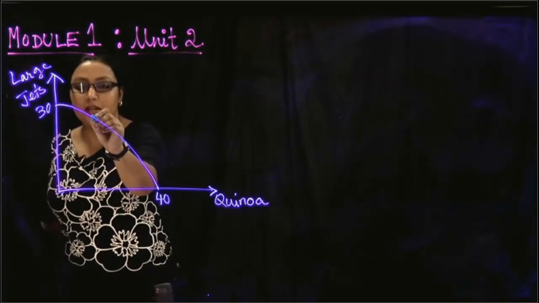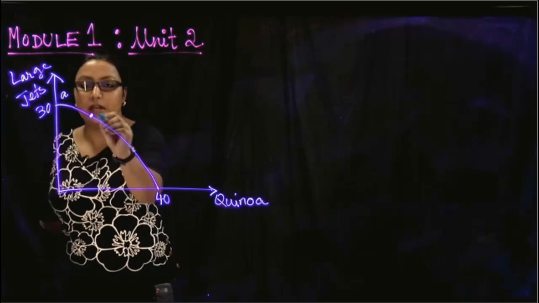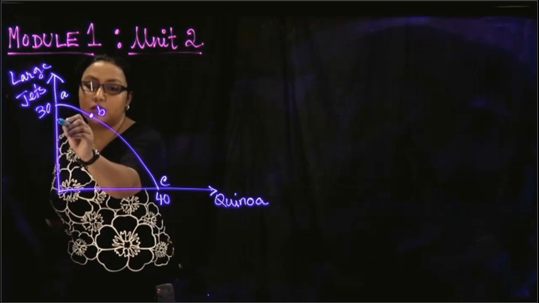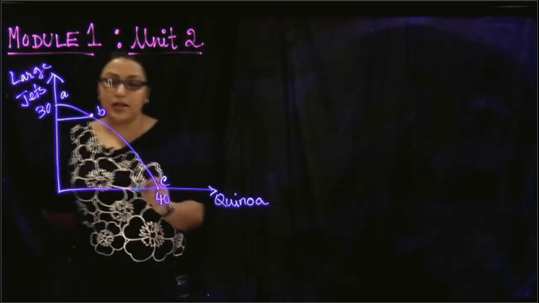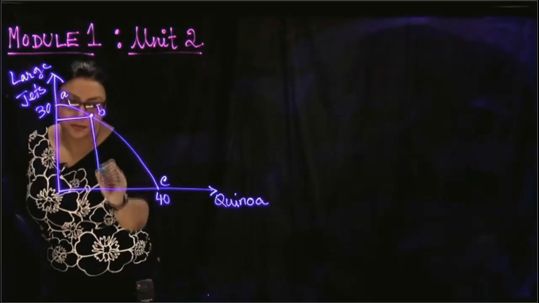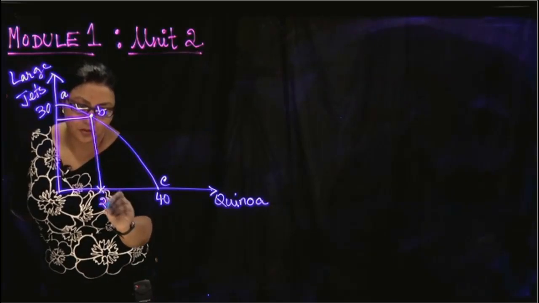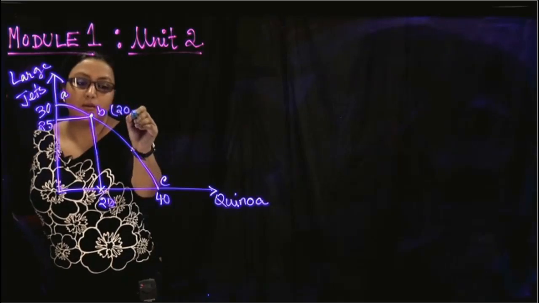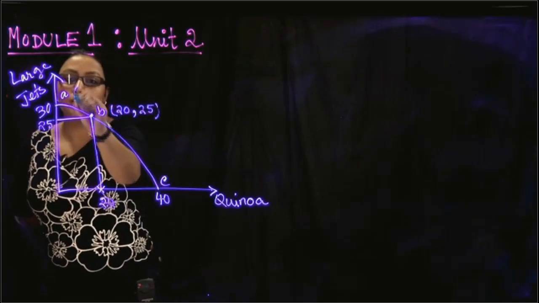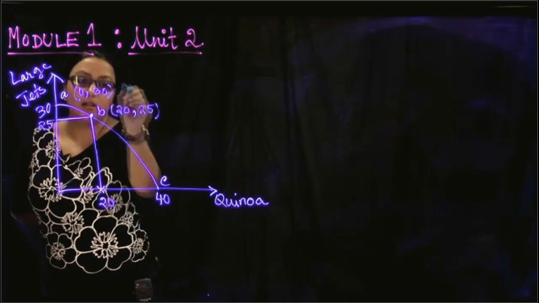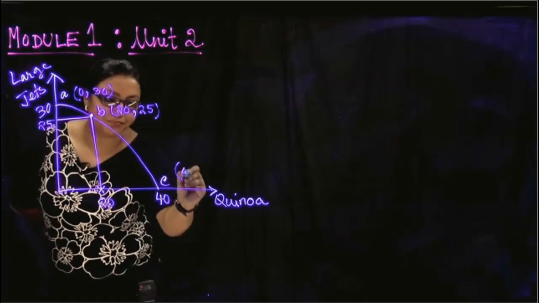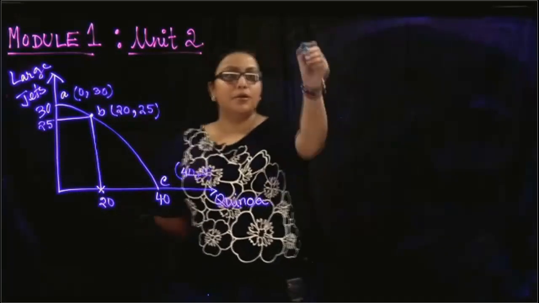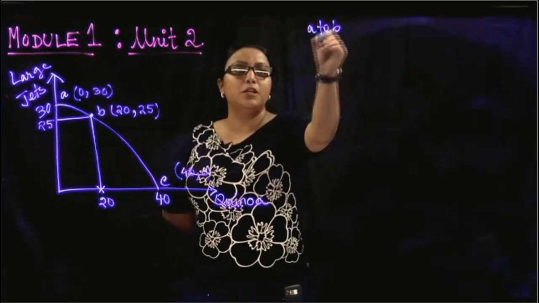Okay, let's take another point, so let's call them points A, B and C. The coordinates of point A are 20, 25, the coordinates here are 0, 30, and the coordinates here are 40, 0.